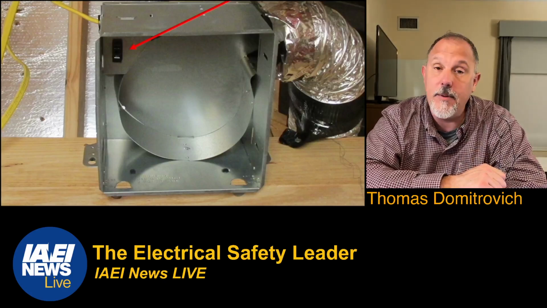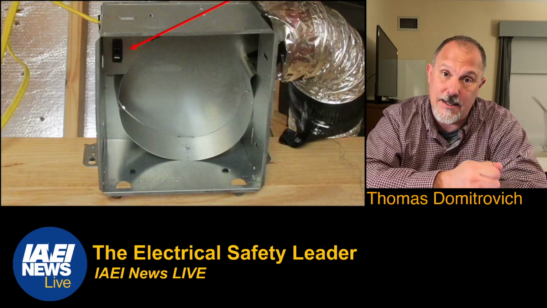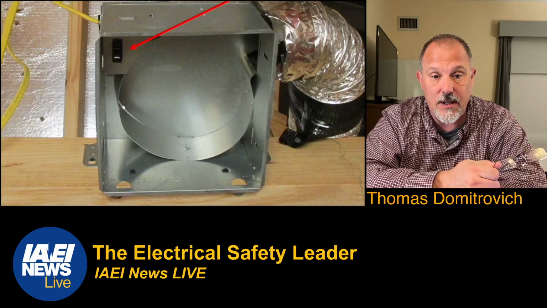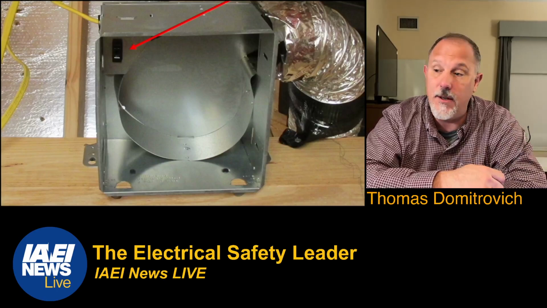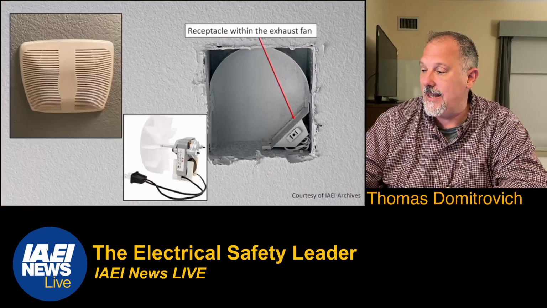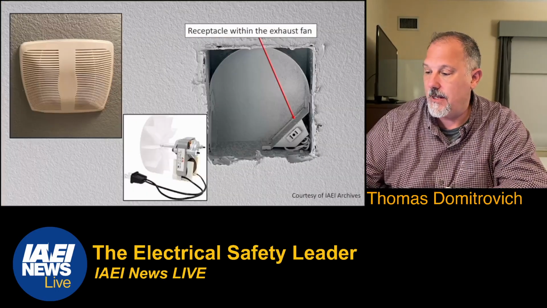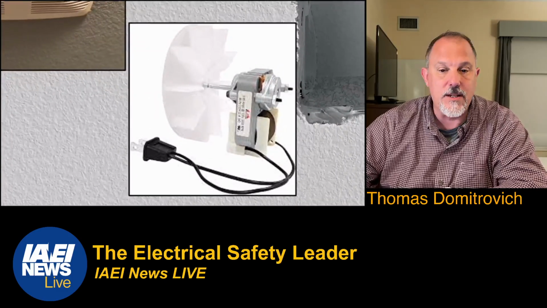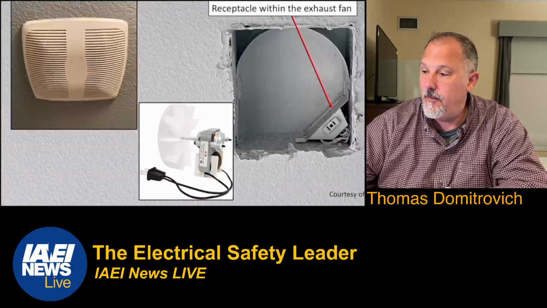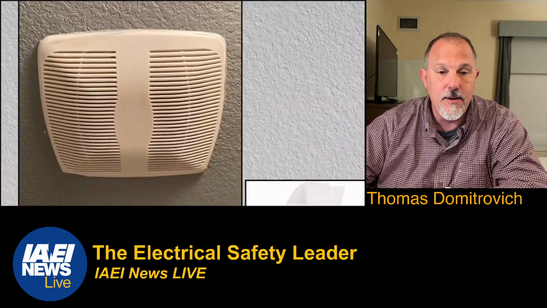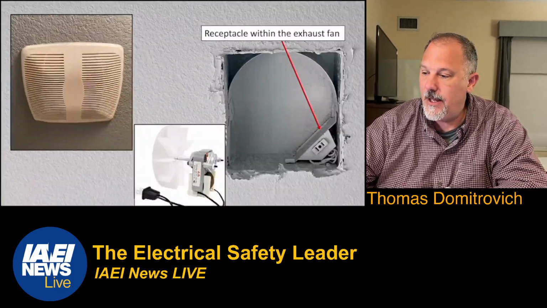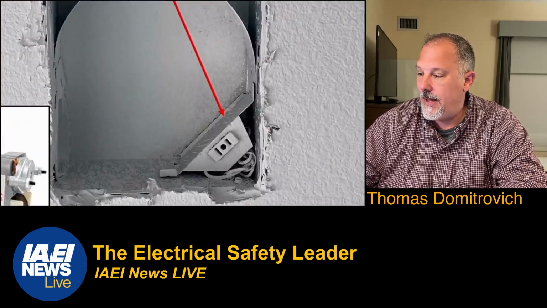And you know what? They'd probably be right, because we never had an exception for exhaust fans where that receptacle is used solely for the motor that goes inside that unit. That's what it's there for. And it will never be used to plug anything else in because you're covering it up. That receptacle does not need to be GFCI protected.